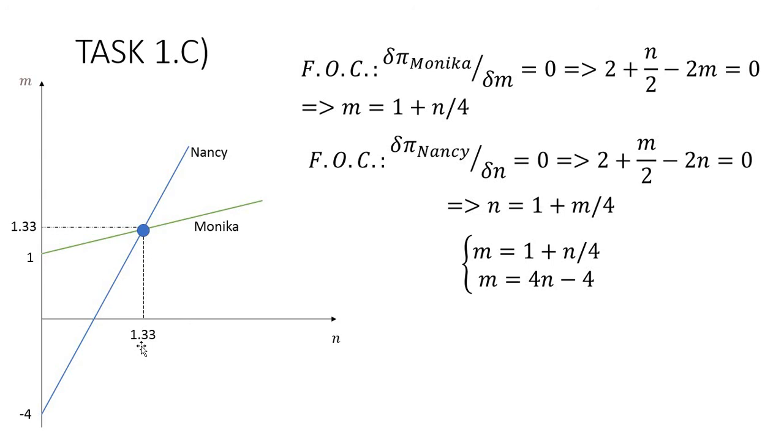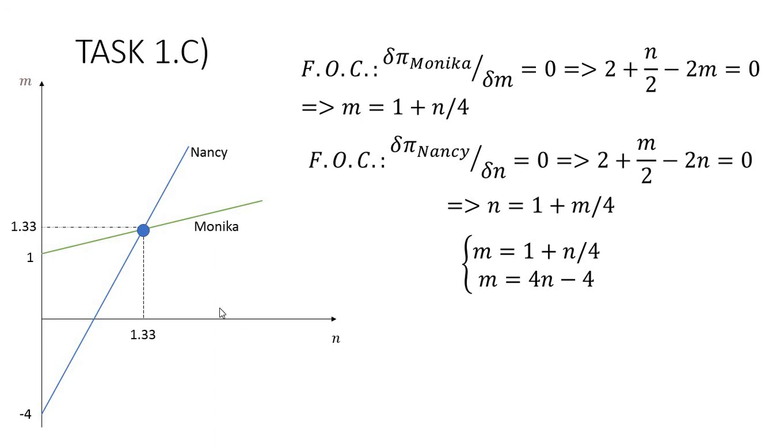But of course, you might not do this if you do not want to. I just feel that it's relatively easy to draw linear functions in this manner. So this is Nancy's function. If n is equal to 0, then m is equal to -4. This is Monica's function. If n is equal to 0, m is equal to 1, and the slope of this function is 1/4.